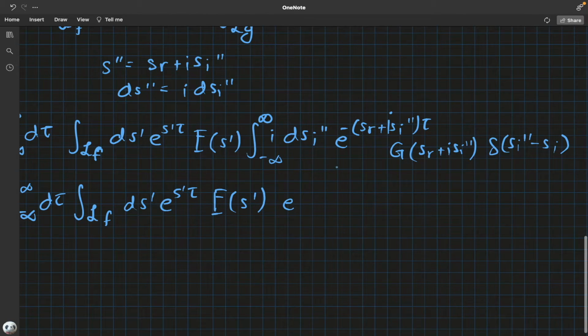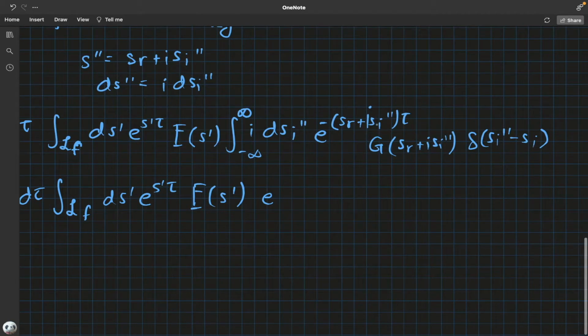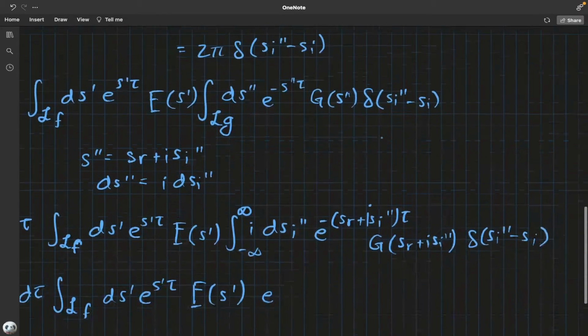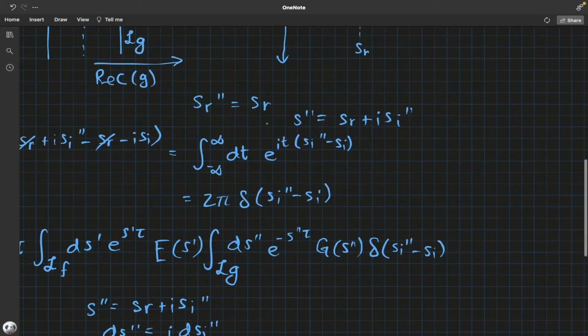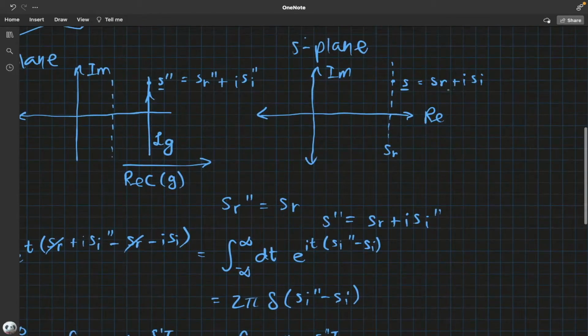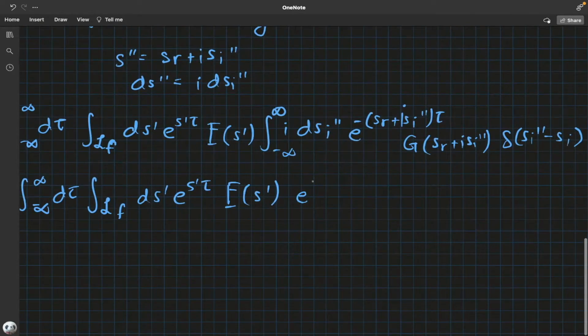I forgot that. The double prime became no prime, so SR plus i S sub I. That's just what S is, right? That's just what S is. So let's just write it minus S tau, I believe, yes. And same thing here. We have g of S because double prime becomes no prime, and then there's this S.